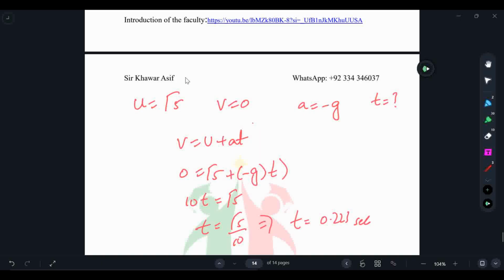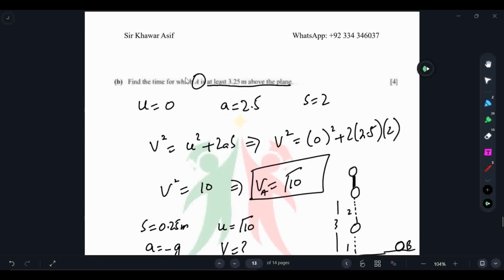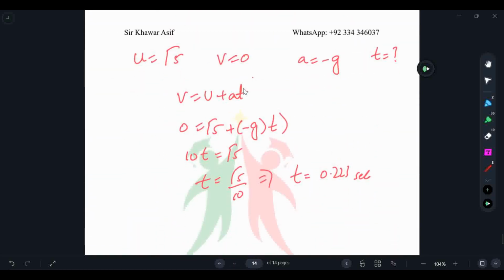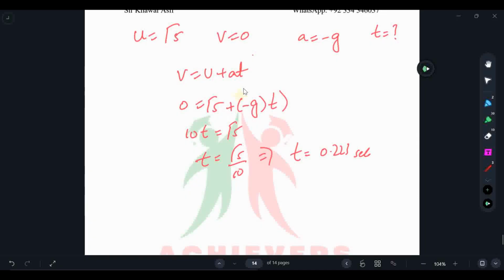They are saying to find the time for which A is at least 3.25. So we know that from this distance, which is 3 meters above the ground, till this distance, the time duration is 0.223. We know that it has to come back here.